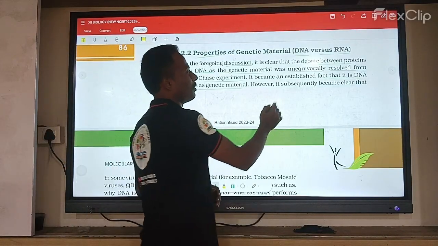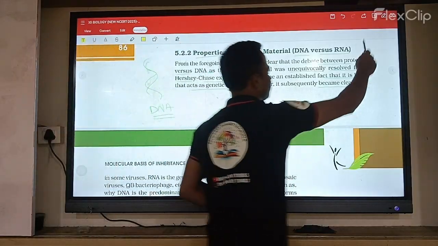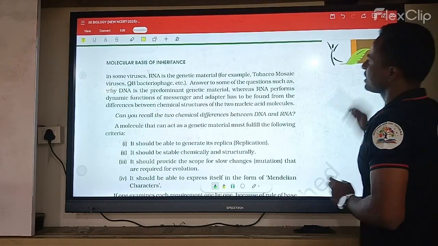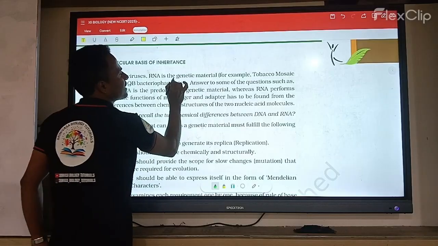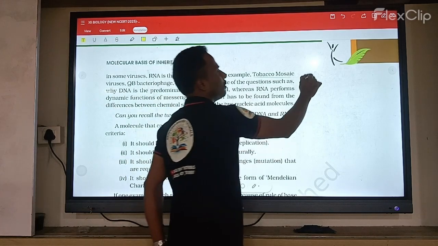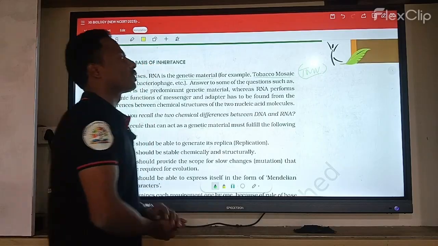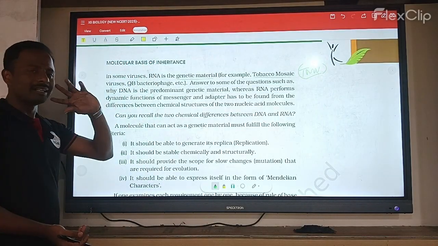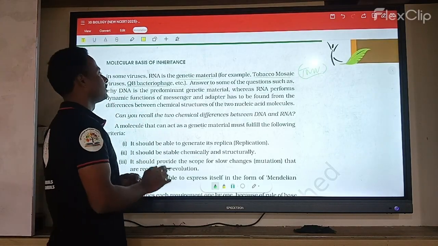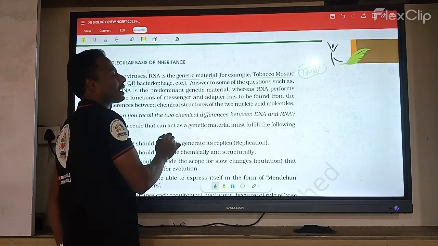However, it subsequently became clear that some viruses also have RNA as their genetic material. For example, the tobacco mosaic virus, TMV, has RNA as its genetic material, and bacteriophages such as Qβ bacteriophage also contain RNA as genetic material.